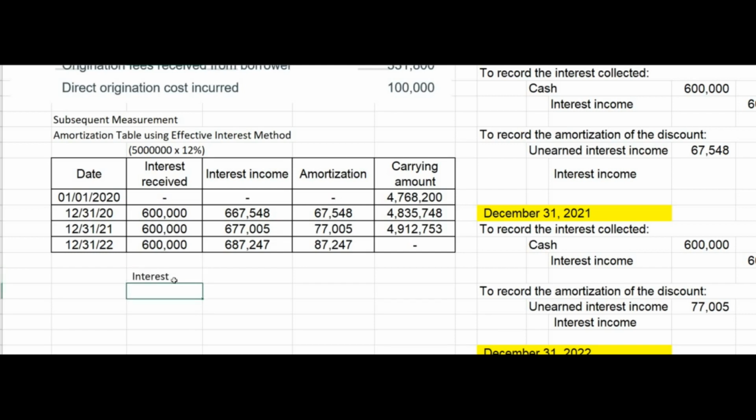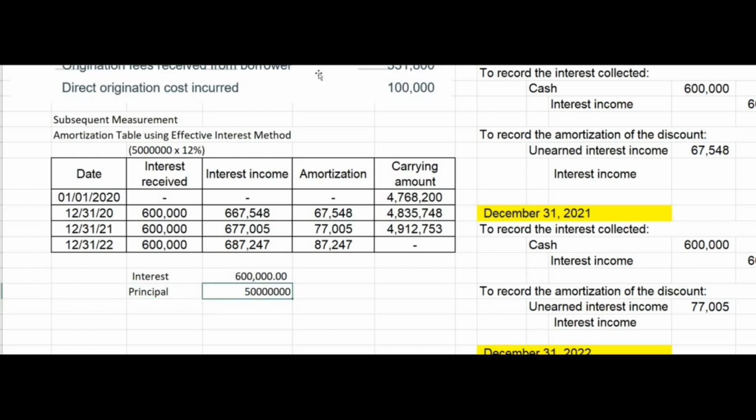Every year makakatanggap siya ng 12% interest, equivalent to 600,000, to be received on an annual basis. Another is yung principal, which will be received lump sum, after 3 years.